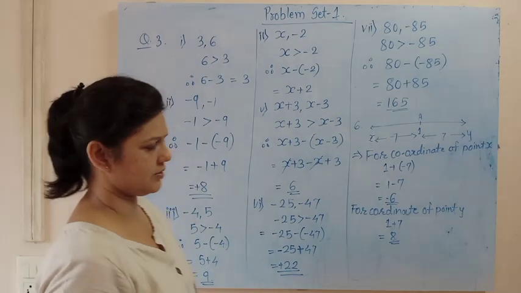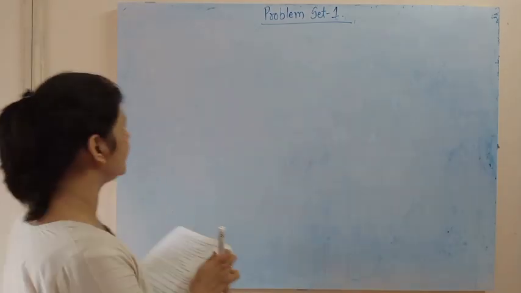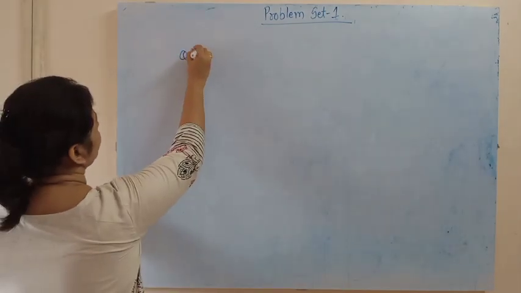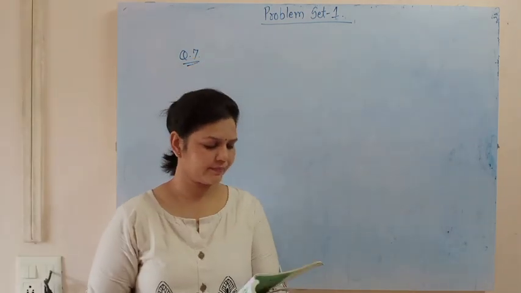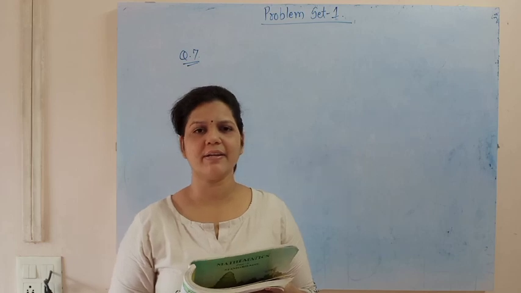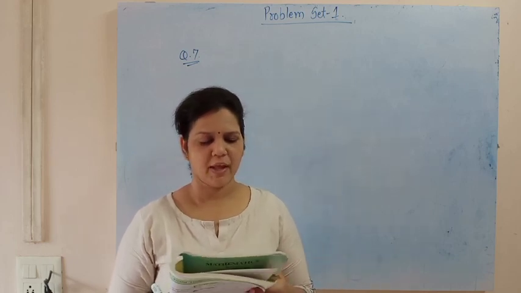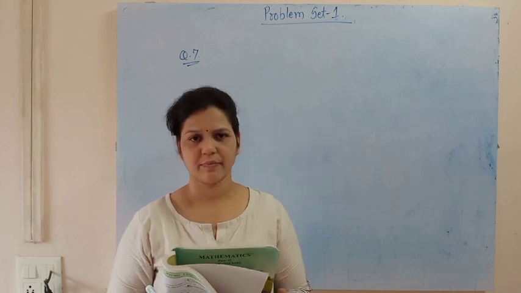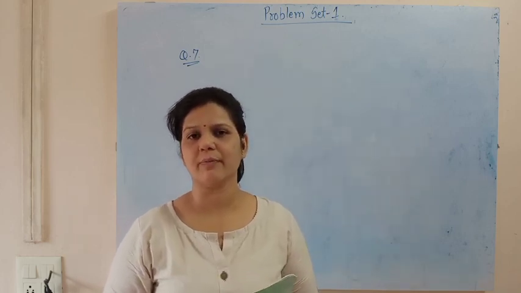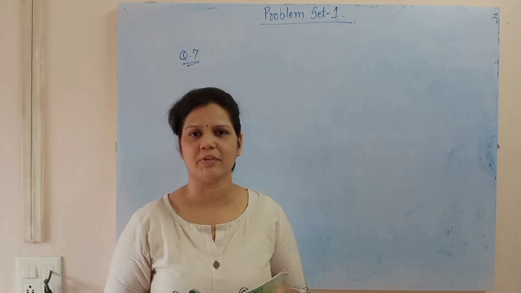Fine? Now see question number 7. In question number 7, I will solve it orally. Write the following statements in condition form. Every rhombus is a square. It is the statement. So how to write in condition form? That means you have to use if then.